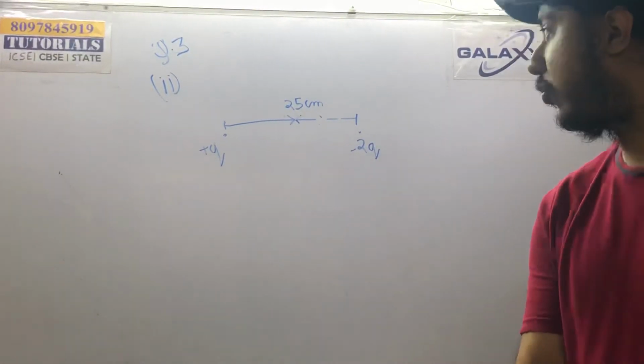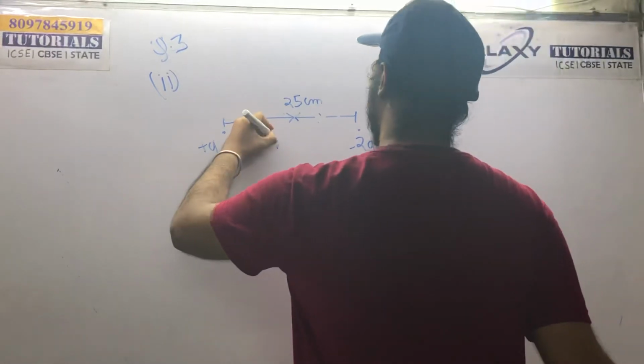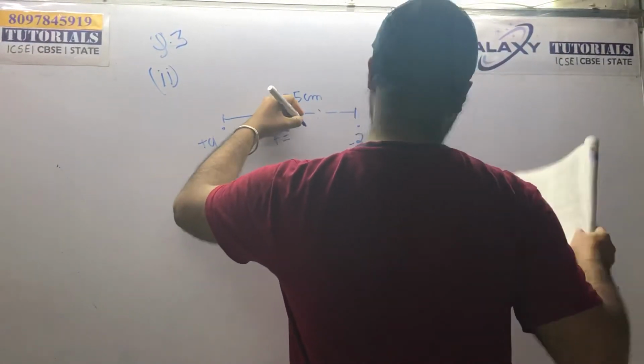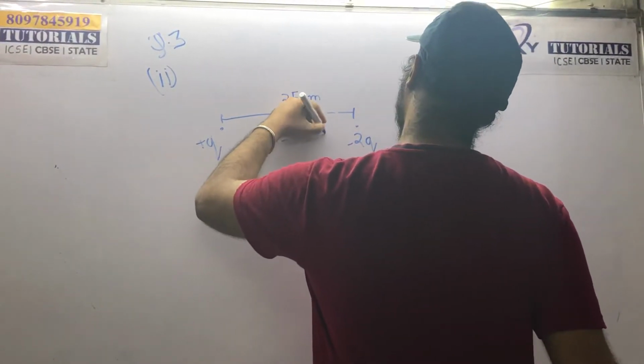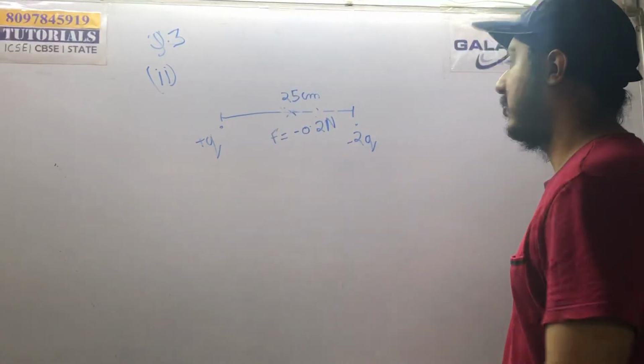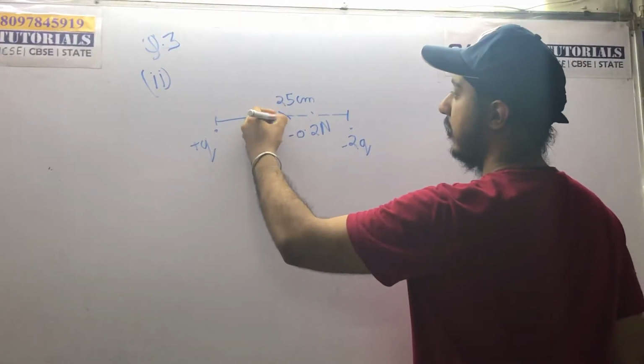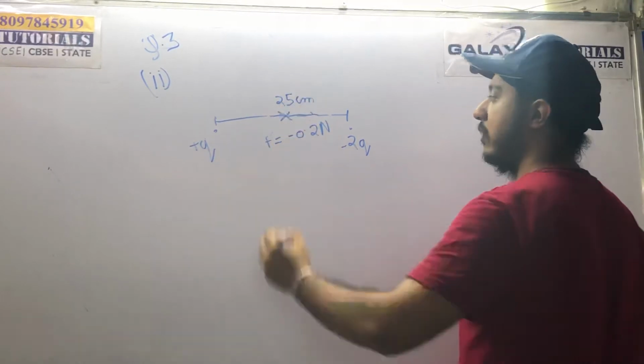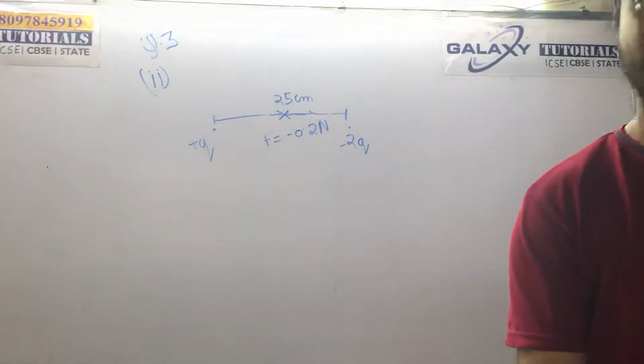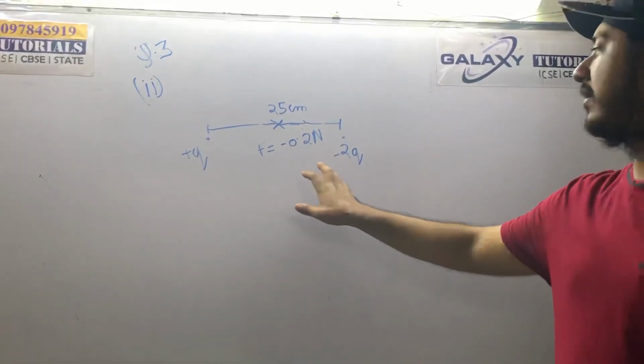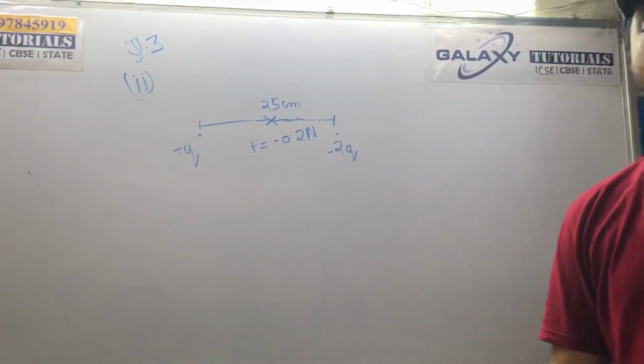Also you know the value of force. The attraction force they are experiencing is minus 0.2 Newton, as you can see, it's given in the question. What they have asked us in the question is to find the value of q.